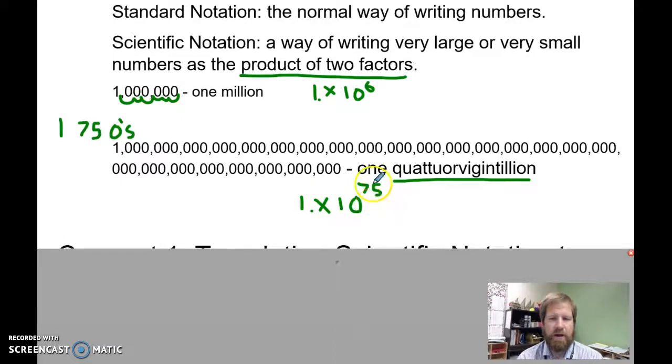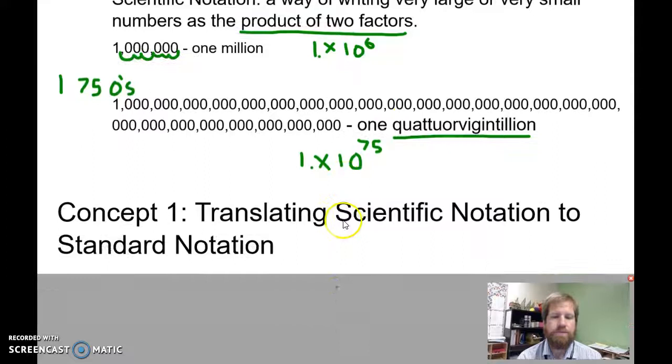I had to write one extra number to make this number instead of this one. When you're working with really large numbers, this saves a ton of time. It is a little hard to get your brain wrapped around it at first, but this is going to be way easier if you're working with those really large or really small numbers.